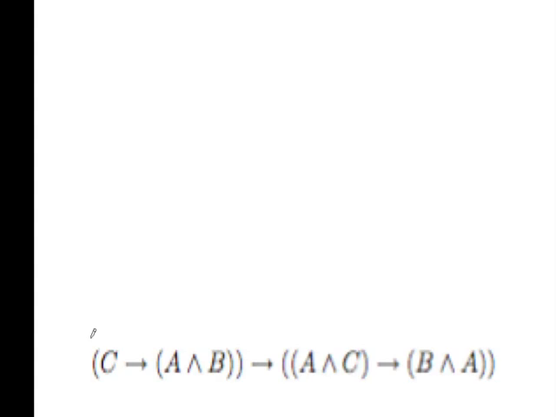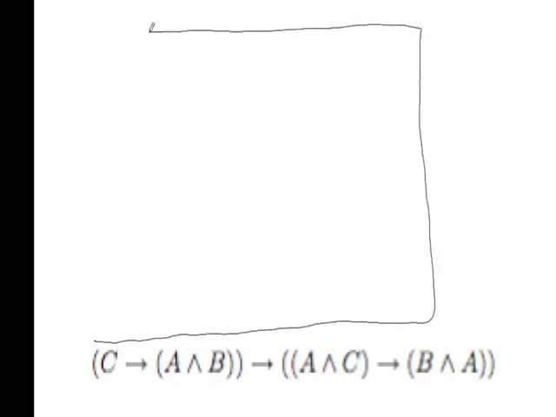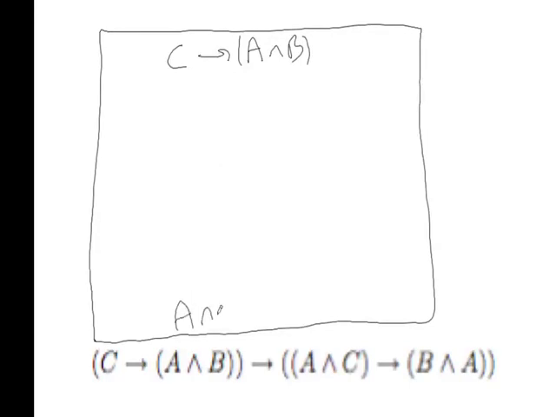An easy question. It's from 2012, and the task is to give an annotated box proof of this proposition. Since it's an implication, the first step would be like this. Instead of showing this, we want to show that from this assumption we can derive this.